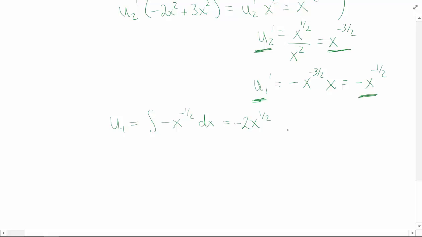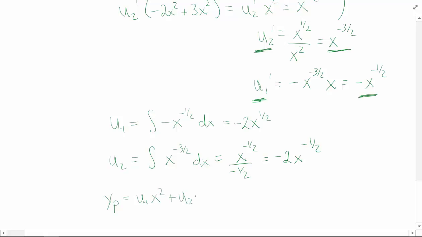I'm going to pick my constant of integration equal to 0 because I'm just looking for a particular solution, and then my u2 is equal to the integral of x to the negative 3/2 dx, which gives me x to the negative 1/2 divided by negative 1/2, which is negative 2x to the negative 1/2. As a reminder, my particular solution was going to look like u1 x squared plus u2 x cubed.